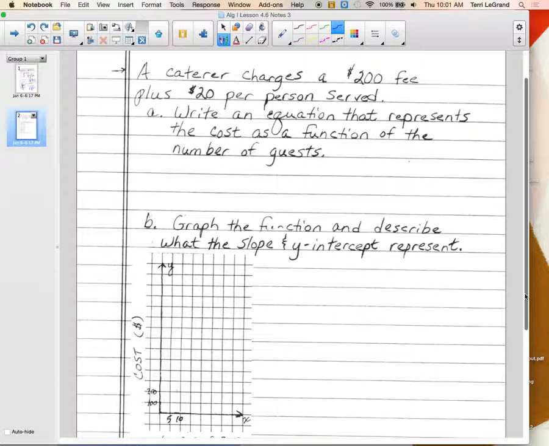So the number of guests would be the x value, wouldn't it? So when it writes it like this, cost as a function of, this is our y, this is our x, number of guests. Okay, so what could our equation be that would get us the cost to have an event based on the number of guests that you're going to invite?